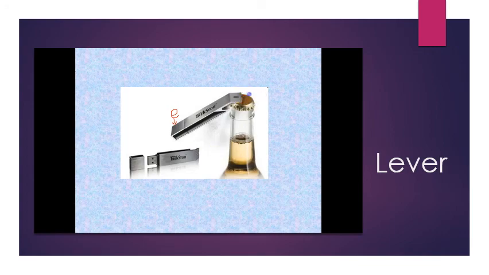The bottle opener's fulcrum is here, where the opener rocks on the cap. And that means the load is here, where it pushes up on the cap of the bottle. So we have ELF. That means this is also a second class lever.